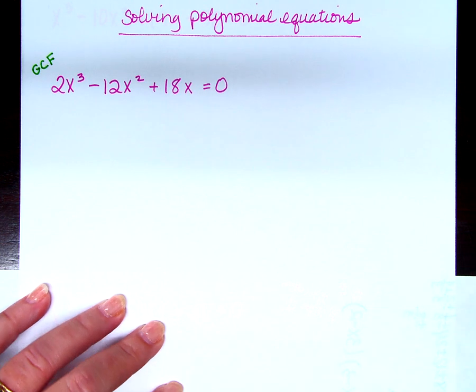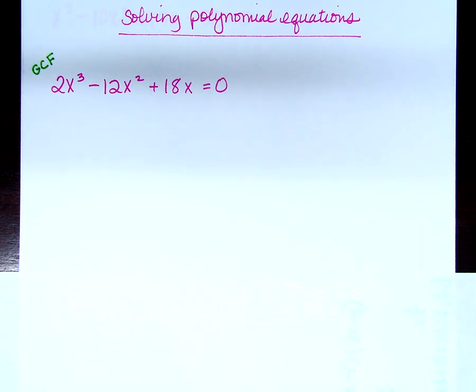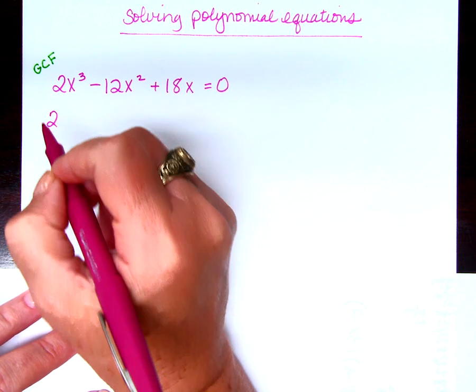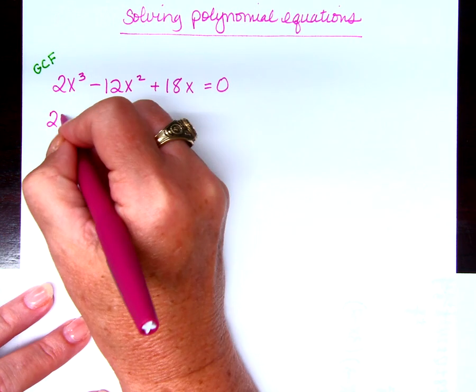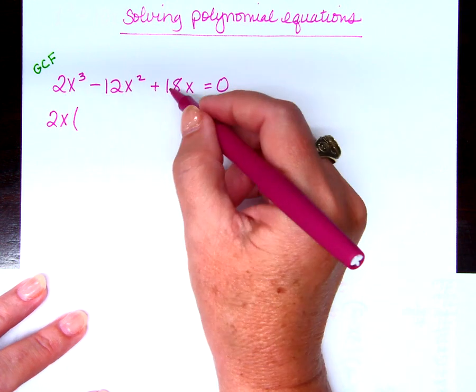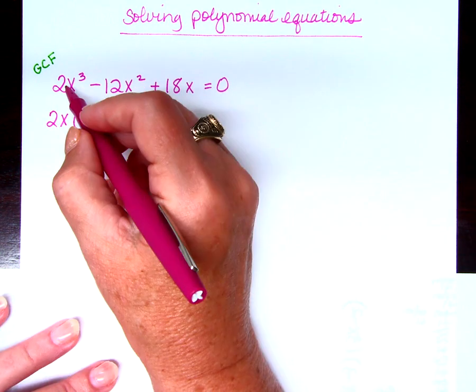Does this problem have a greatest common factor? Are they all divisible by the same thing? What is the greatest common factor of this problem? Just 2? Oh, 2x, absolutely, right? So if I factor out a 2x, if I divide 2x into each one of these terms, what am I left with?